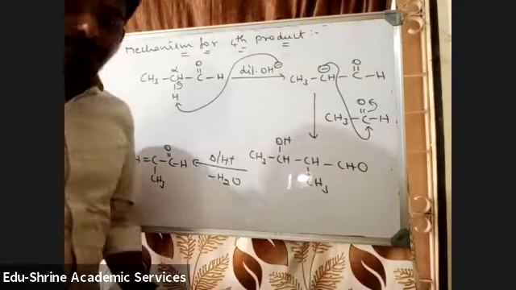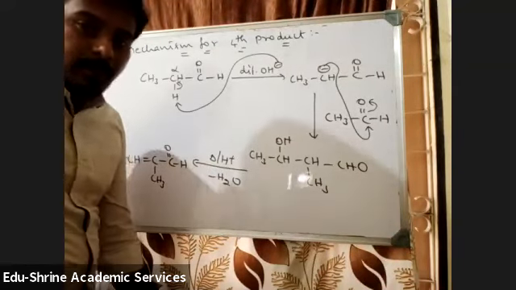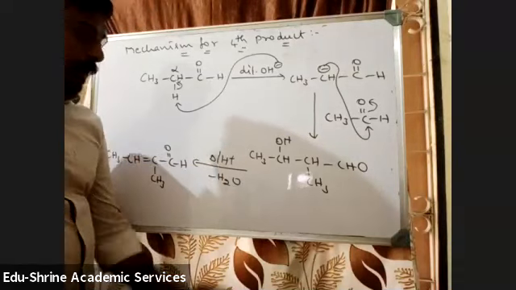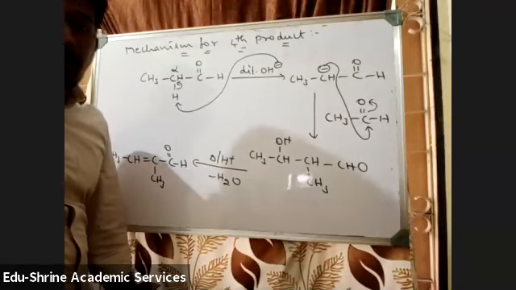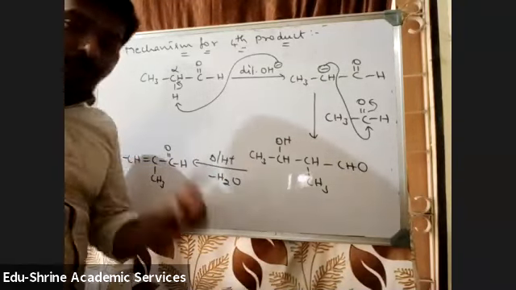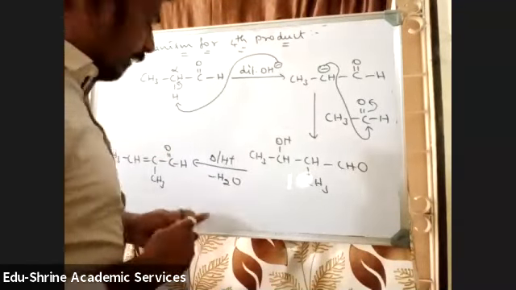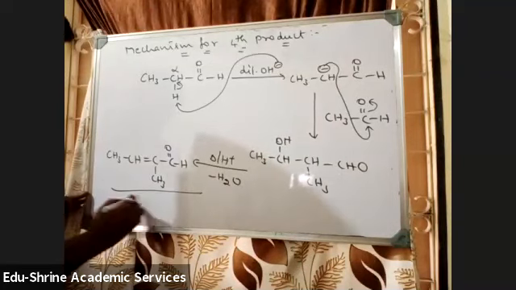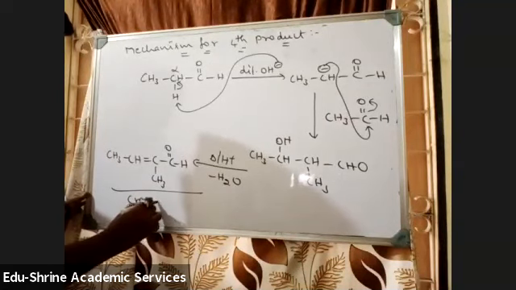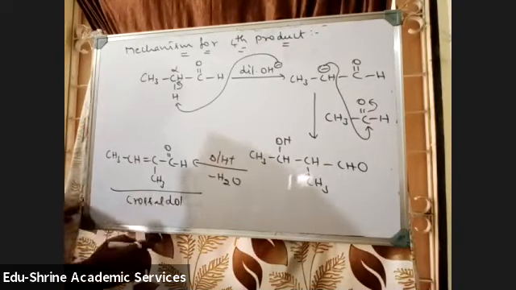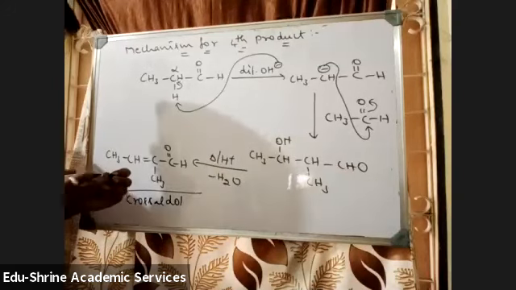Good. So these are the four products, students. The first and second are formed due to self-aldol. The third and fourth are formed due to cross-aldol. Okay, na?